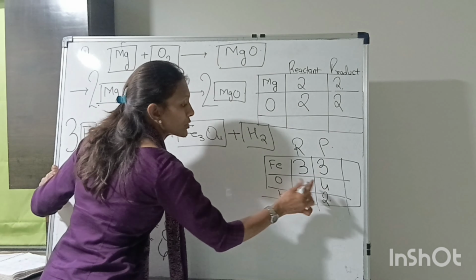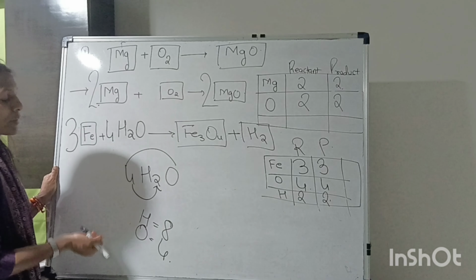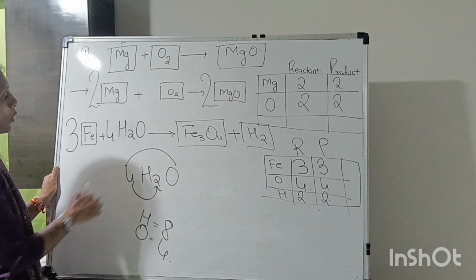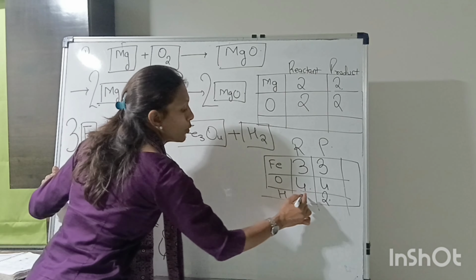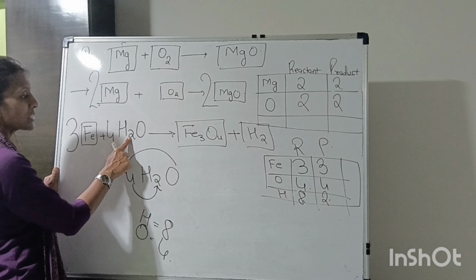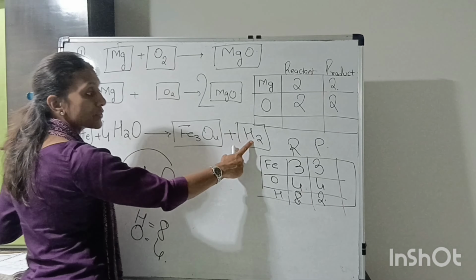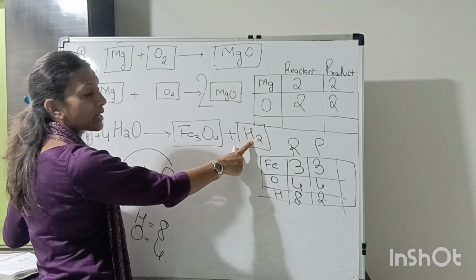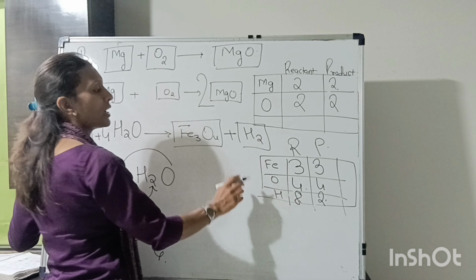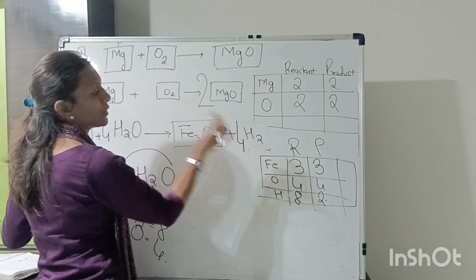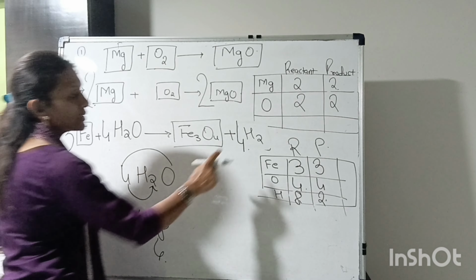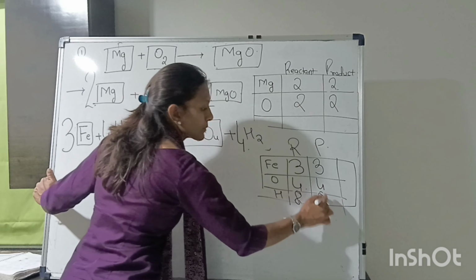So we balanced the oxygen also. But while doing so, we have changed the number of hydrogen here to 8. But when you look on this side, how many hydrogen are there? Only 2. Now the last change which you will have to make is put a 4 here on the product side. See, 4 twos are 8.